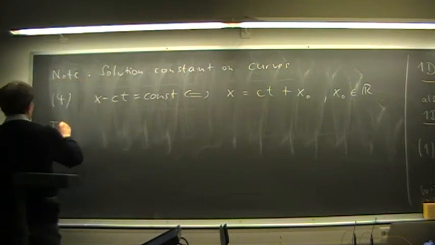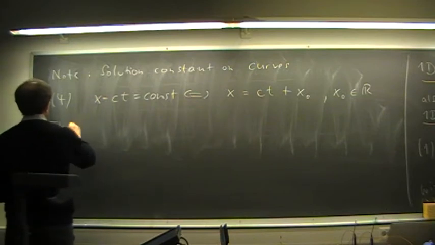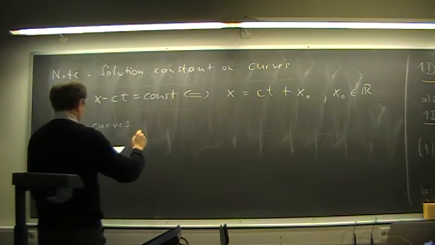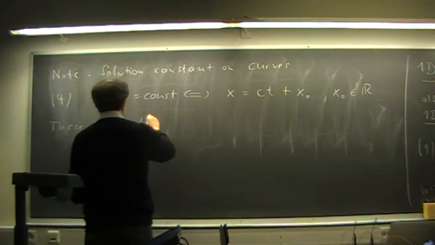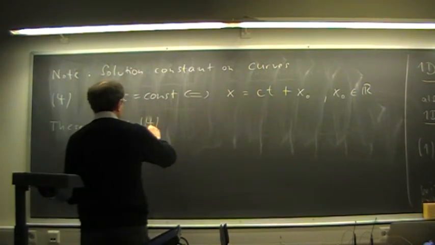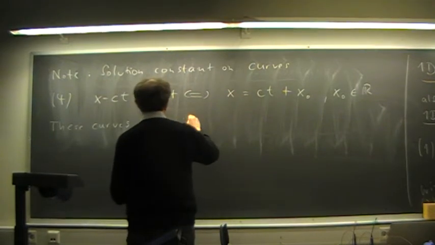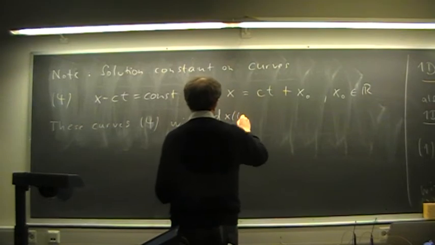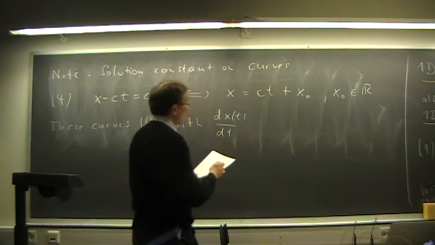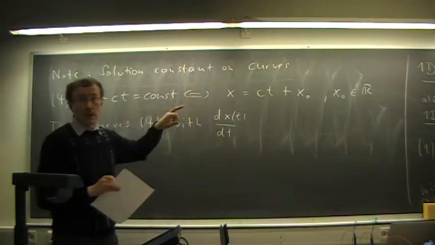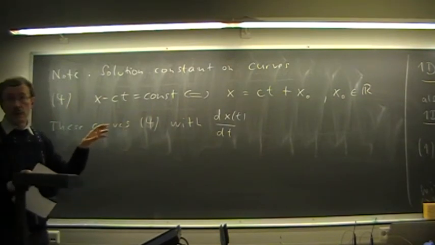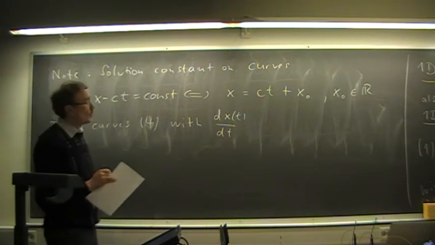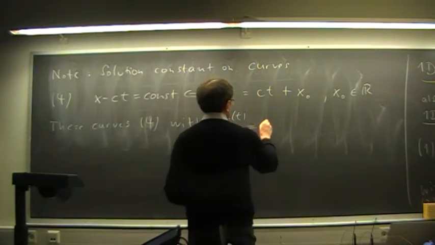So these curves, we characterize them by their slope. Note if we do this, x is no longer an independent variable. It is dependent on t. So then we can compute the slope. We can see immediately this is c.